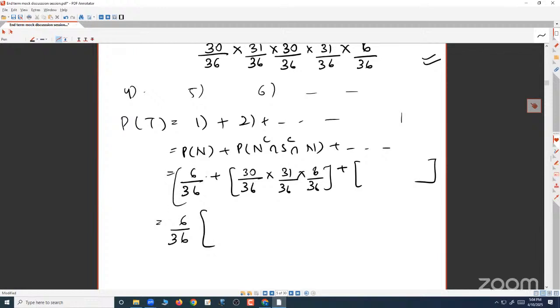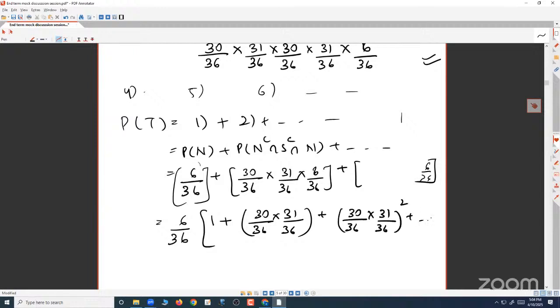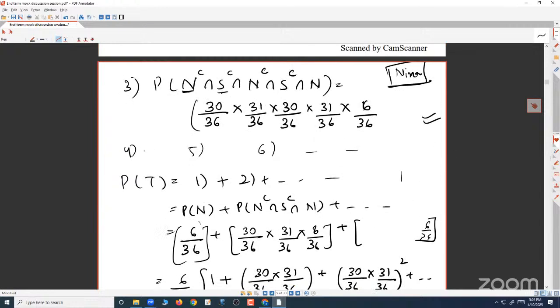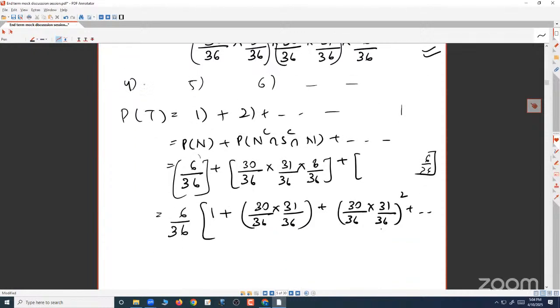So if I take it out, I would be left with 1 plus 30 by 36 into 31 by 36, plus 30 by 36 into 31 by 36 squared, because this is repeating 2 times. So I can write this in this way.